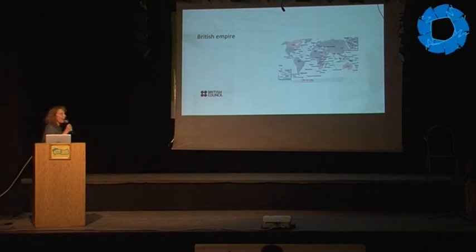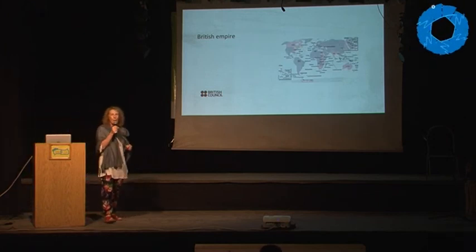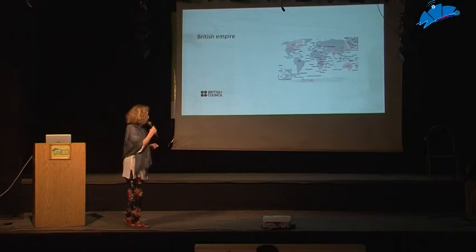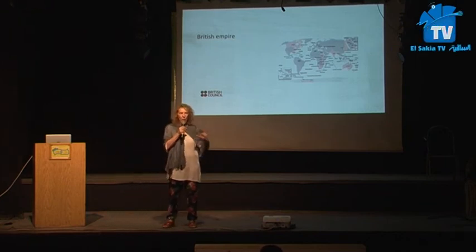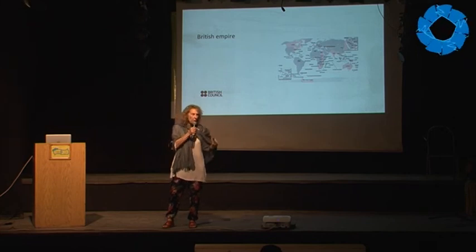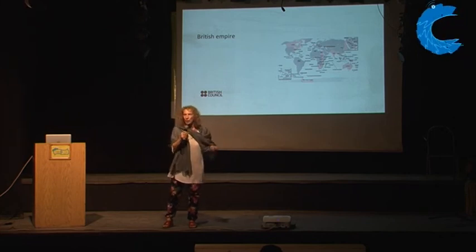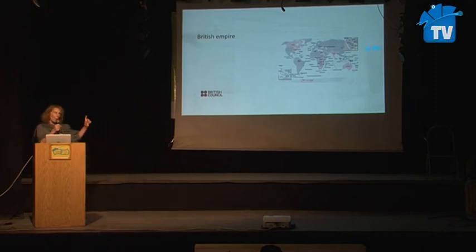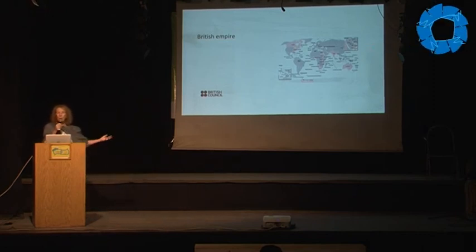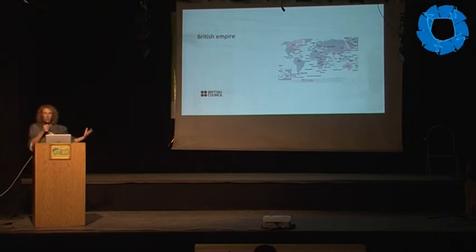Now, of course, then Britain started to expand, and the British Empire started to spread around the world, for better or for worse. At a certain point, 25% of the world was governed by Britain.